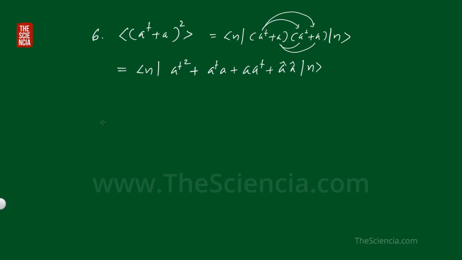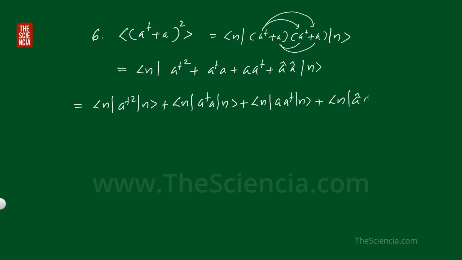So we can expand this: ⟨n|a†²|n⟩ plus ⟨n|a†a|n⟩ plus ⟨n|aa†|n⟩ plus ⟨n|a²|n⟩.